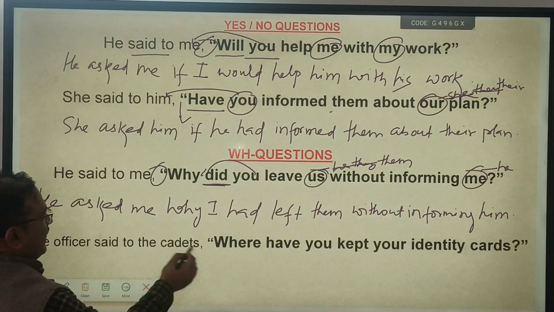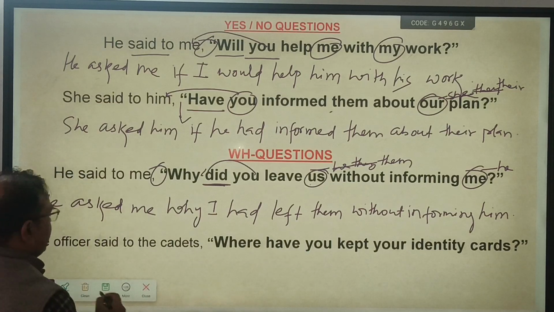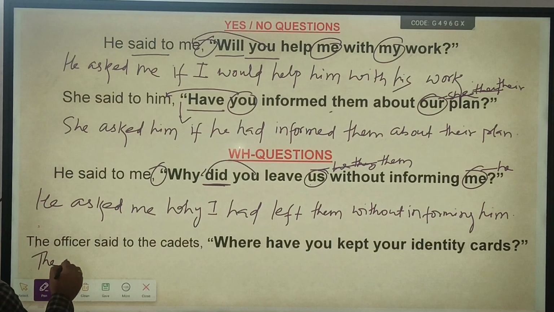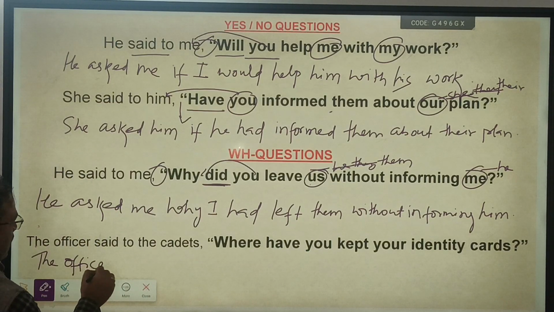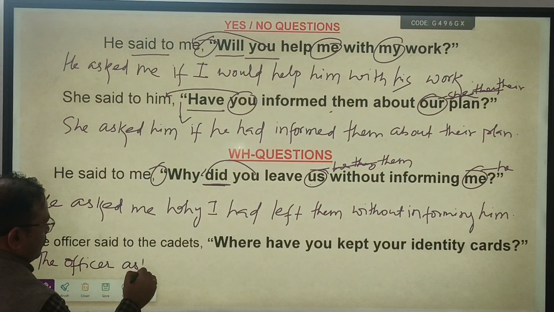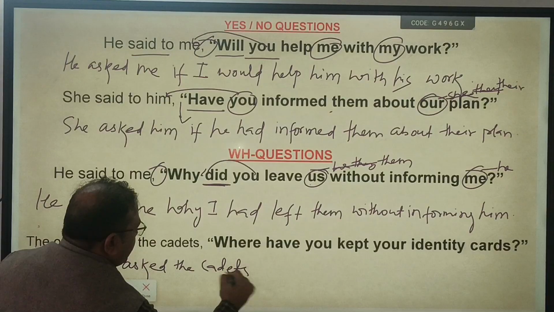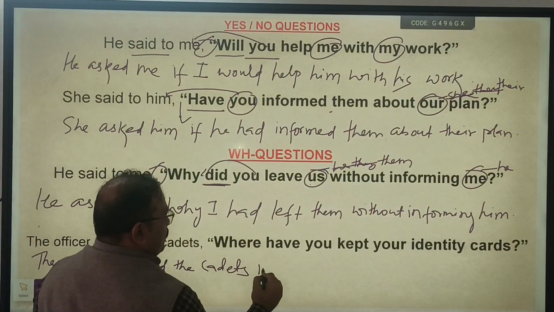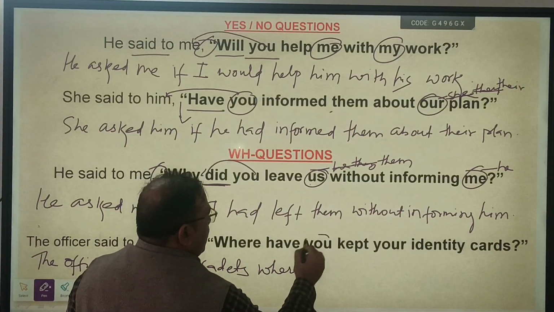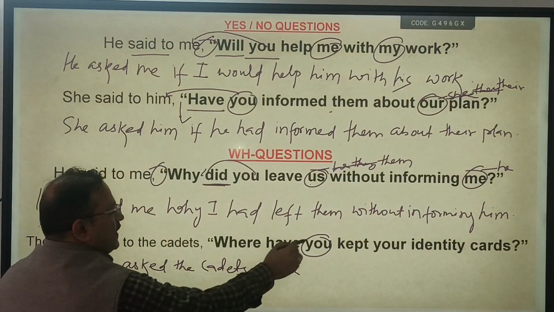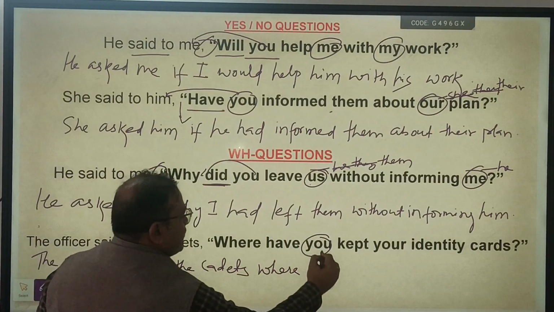The officer said to the cadets, "Where have you kept your identity cards?" The officer asked the cadets. WH type, so no conjunction. "Where you," second person, will be changed by cadets.